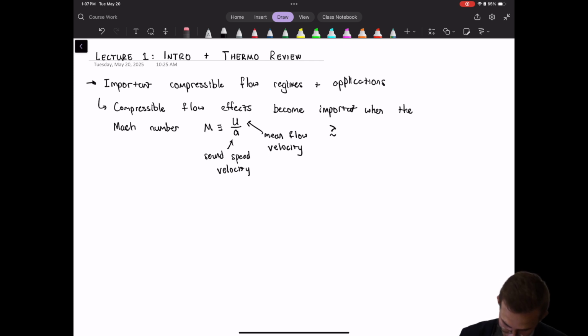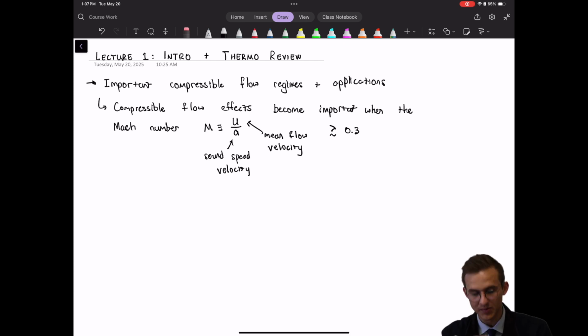This matters when the Mach number M is greater than or equal to 0.3. And I made the bottom line of that greater than or equal to sign squiggly because it's a fuzzy line. It's not a hard line.